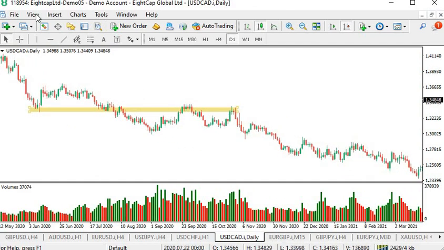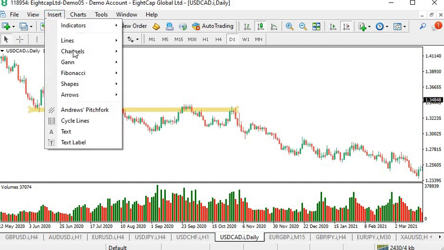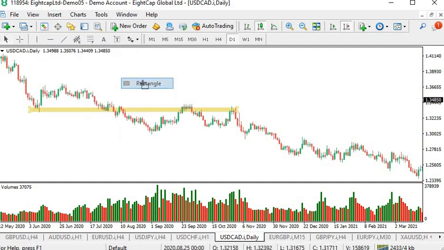Okay, again we will see another example here. Remember one thing, these areas are called flip zones. Now this area is support become resistance. You can see this was the low the market made.